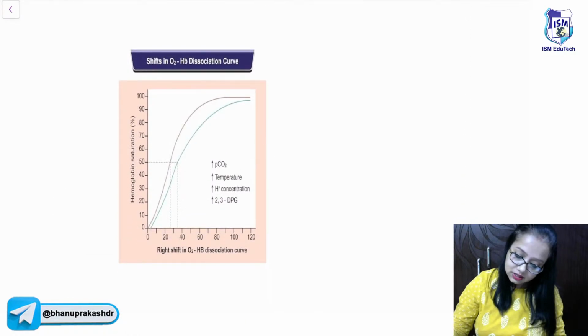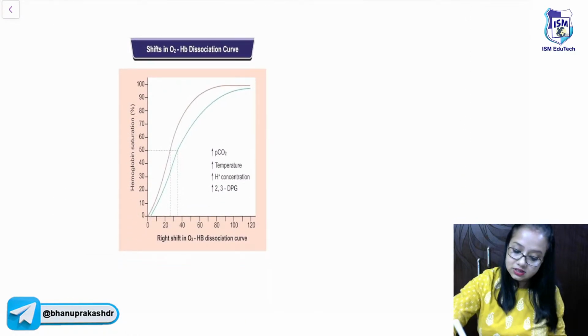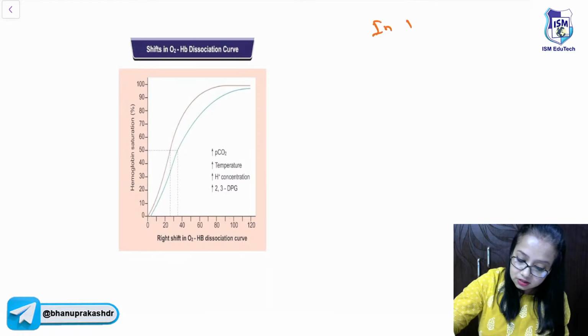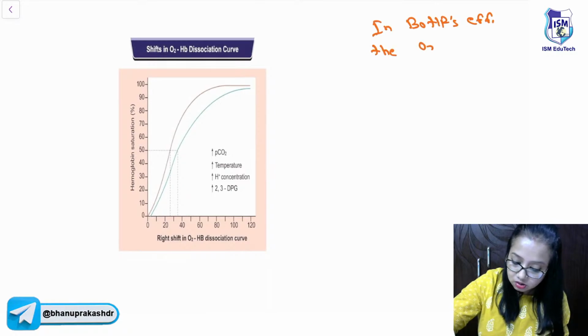In Bohr's effect, the oxygen hemoglobin dissociation curve moves right.